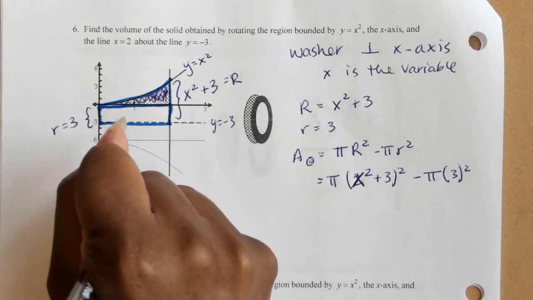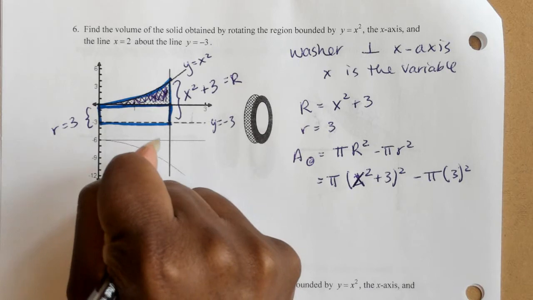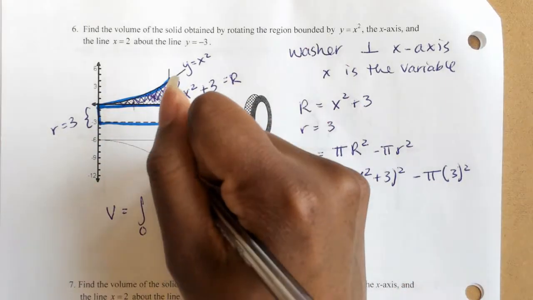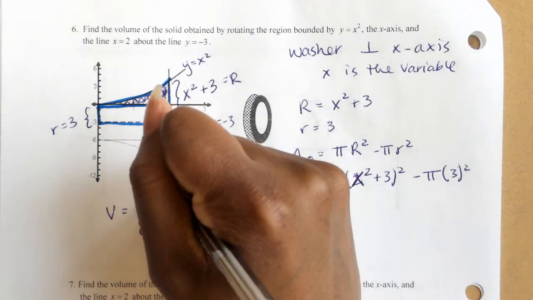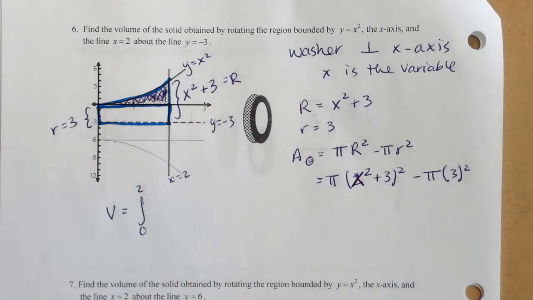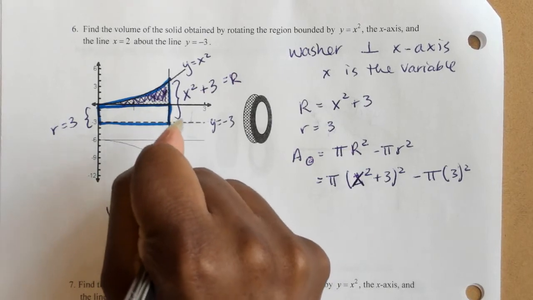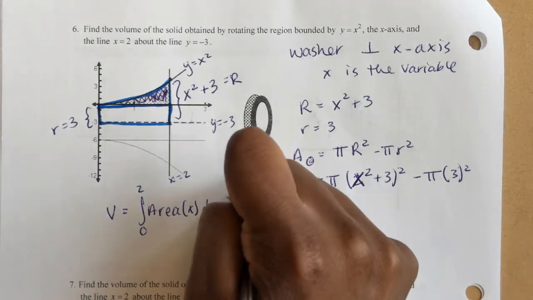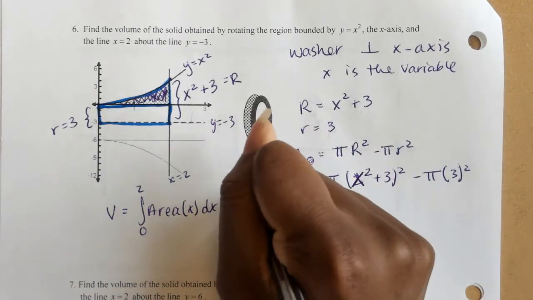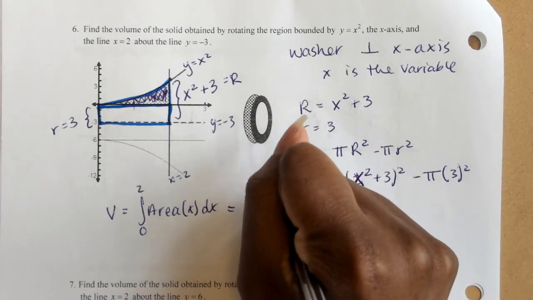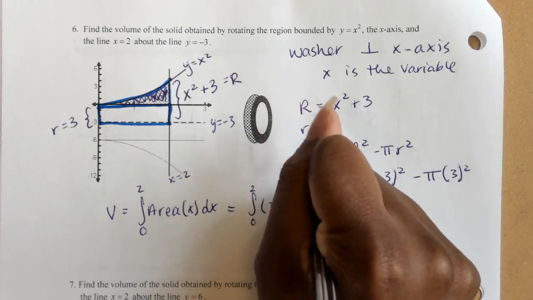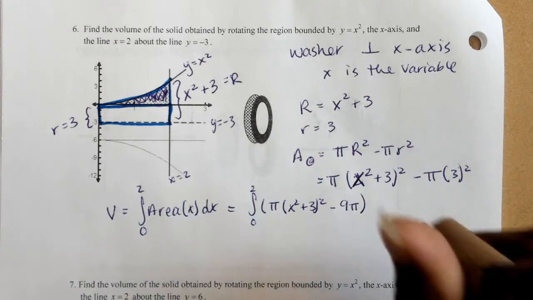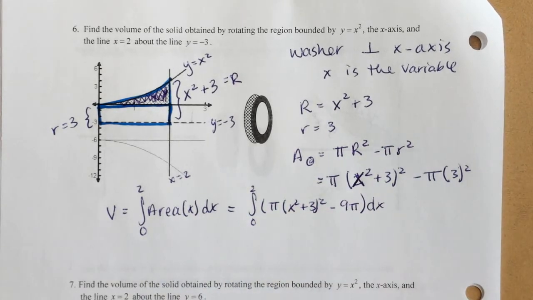So our volume is going to be the integral from 0 to 2, because the line said x equals 2, of our area in terms of x dx. So we have the integral from 0 to 2 of pi times x squared plus 3, squared, minus 9 pi dx.